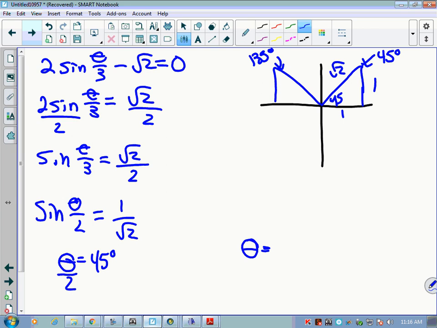Did I mess something up? How did you go from dividing by 3 to dividing by 2? Oh, yeah, that's a good point. Sometimes my brain just goes on autopilot and starts doing its own thing. 3, 3. So what's 45 times 3? 135. And if you take 135 and multiply it by 3, you're going to be over 360. So 135 is the only one that's going to work.